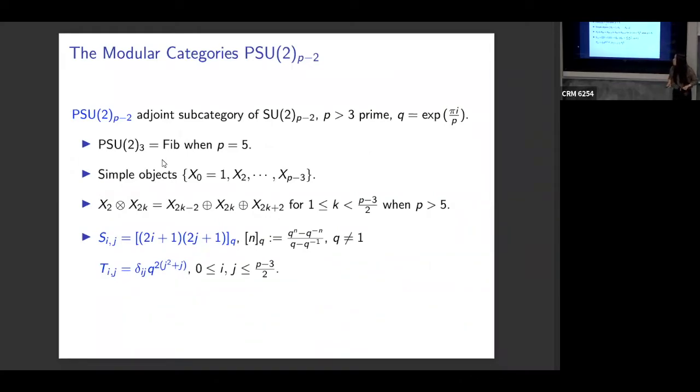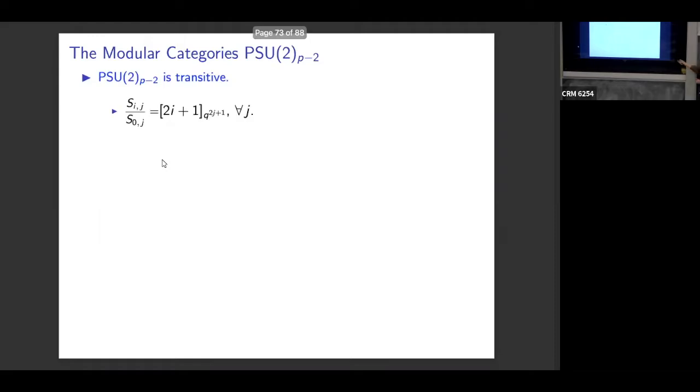To prove that this category is transitive, it suffices to show that every simple object lives in the orbit of the unit object. We can rewrite the entries of S this way as before, which gives us this quantum integer.